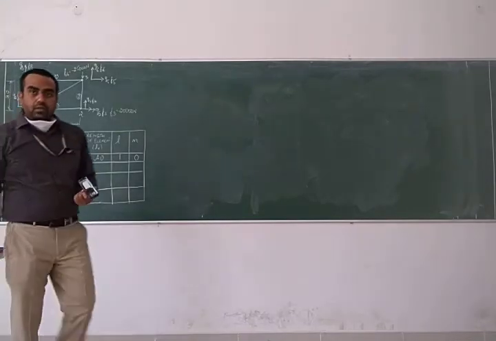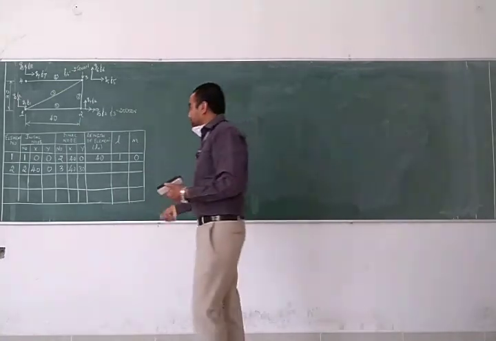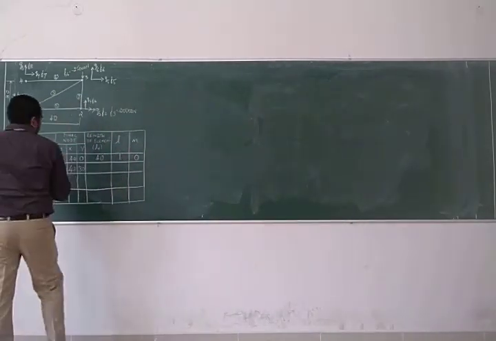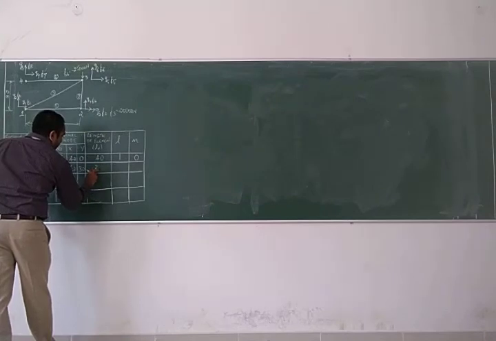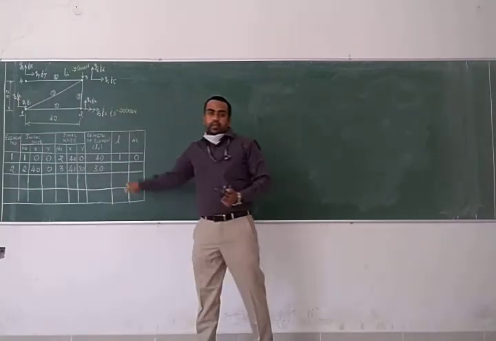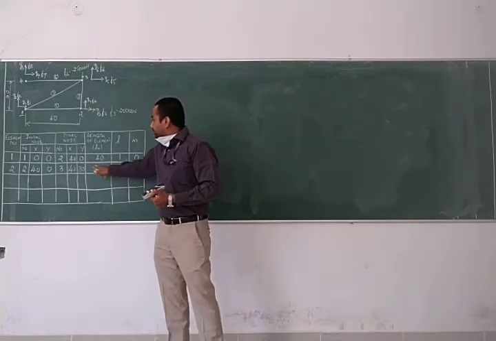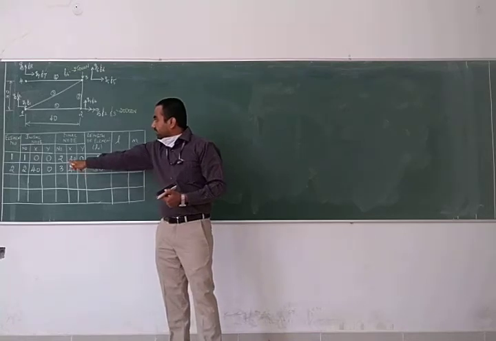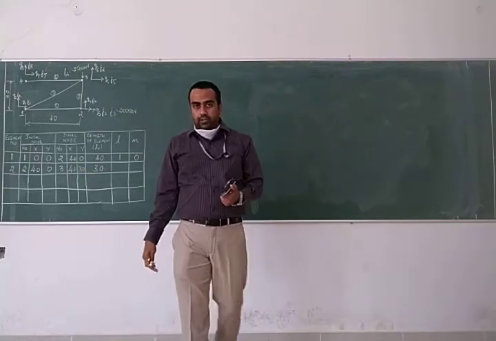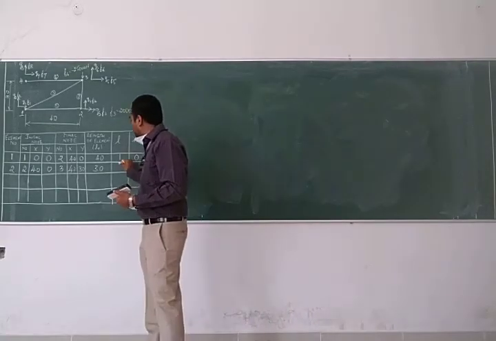So you will end up with a value 30 square using the Pythagoras theorem. 30 square under the roots will give you a value of 30 for length of the element. So what is the value of L? x2 minus x1 divided by LE. x2 value is 40 minus x1 is again 40. 40 minus 40 is 0. 0 divided by 30 will be 0.